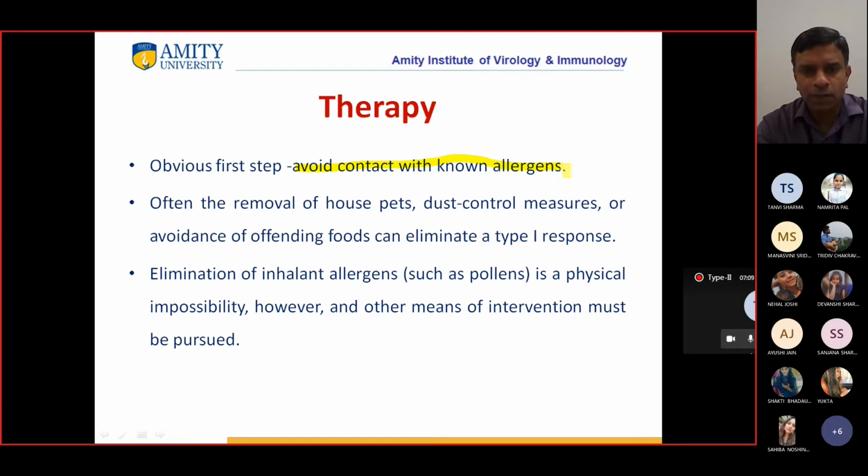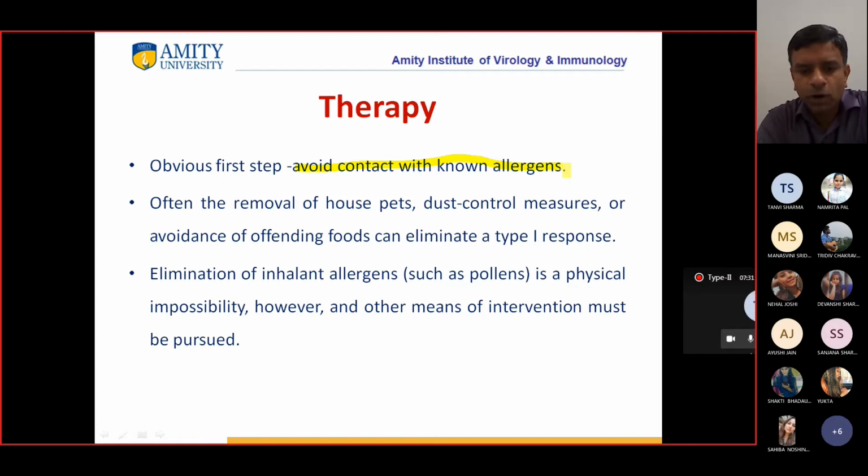So what's the best step? Avoid that soap. That is the obvious first step: avoid contact with the known allergen. If you know that you are allergic to food, some nuts or seafood or whatever, then you should avoid those food products, right? So avoid those known allergens.